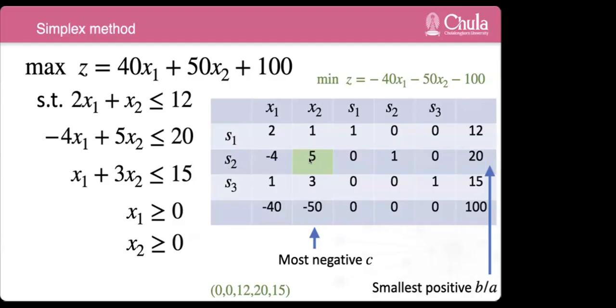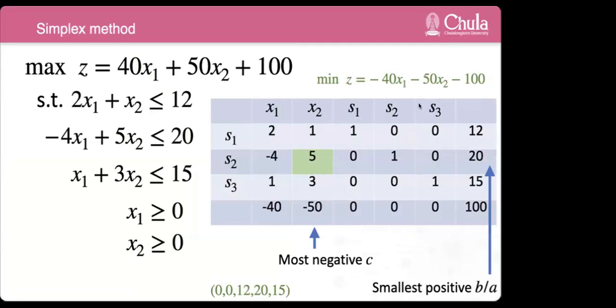So once we choose this point, we have to do something with our table. We must make this position to be 1 and the other places in the same column must be 0, like the basic variables.